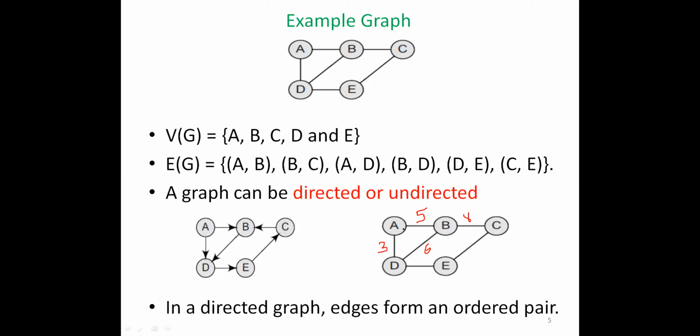If I want to reach from A to B, I need 5 units, maybe 5 kilometers, whatever the case. Reaching from one city to another city, there will be 5 kilometers to reach B. So this is what a weighted graph is. In the case of a directed graph also, you can have weights 3, 2, 1 like that.